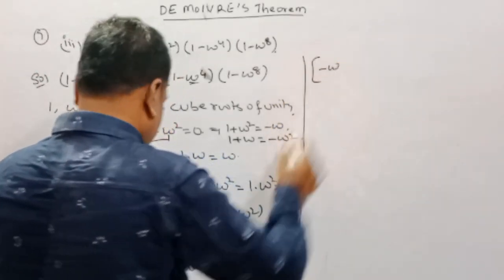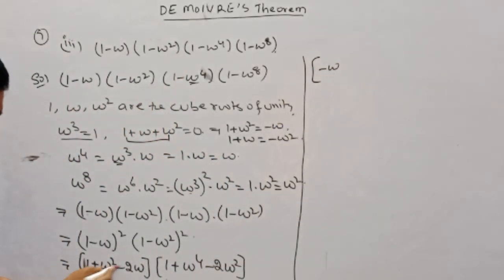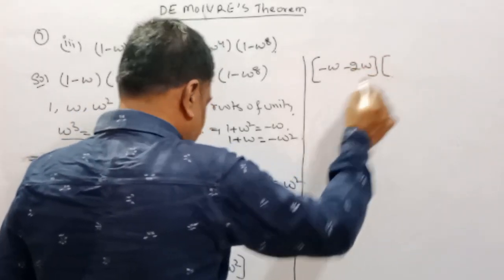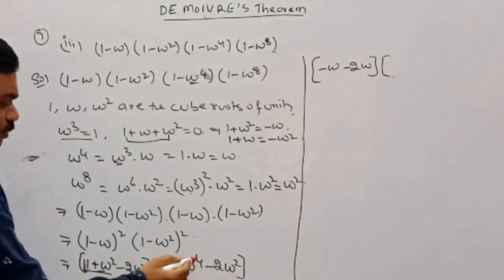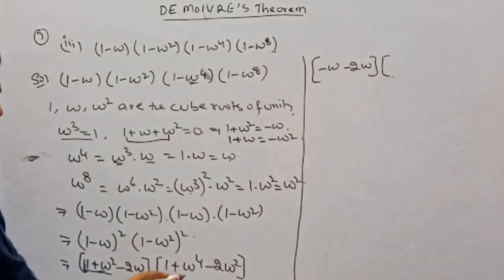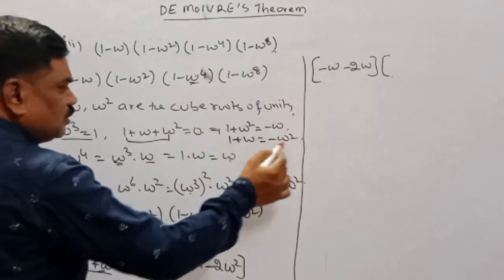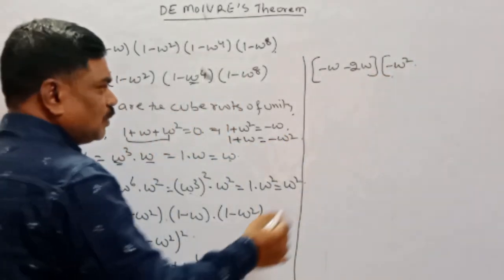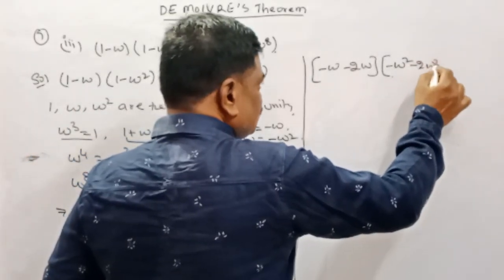So minus omega, this is minus omega minus 2 omega. Omega power 4 is nothing but omega. So 1 plus omega is minus omega square. Minus omega square minus 2 omega square.